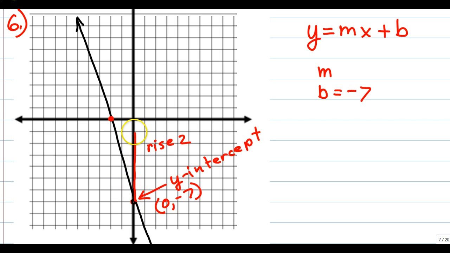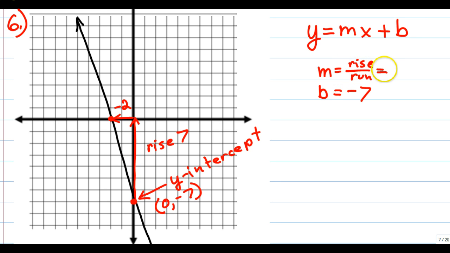I'm actually rising 7 places. And then to run over to my dot, I'm actually running 2 places, but I'm running to the negative 2 places, or to the left. Let's fix that. Let's rise 7 places. All right, so there's my rise over run.